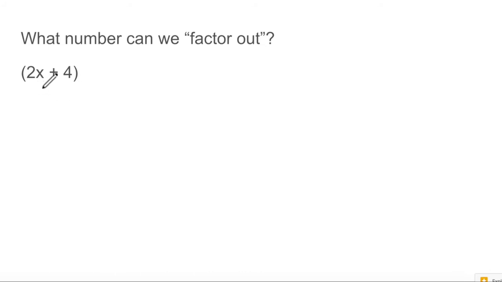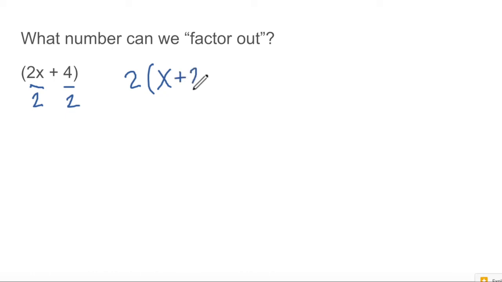So in this case, we see that we can divide both of these two terms inside the parentheses by 2, right? They're both even. So let's divide a 2 out of this first term, and we see that that gives us 2 times x. And when we divide a 2 out of the 4, 4 divided by 2 gives us 2.